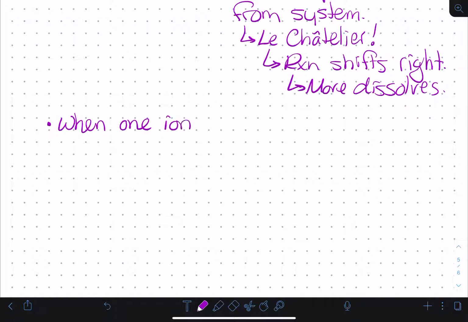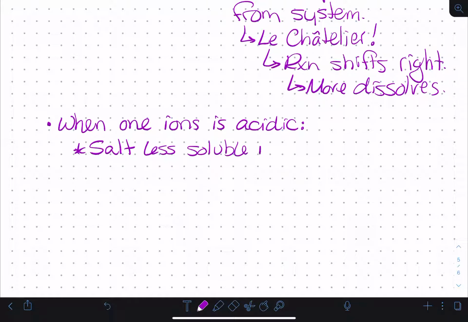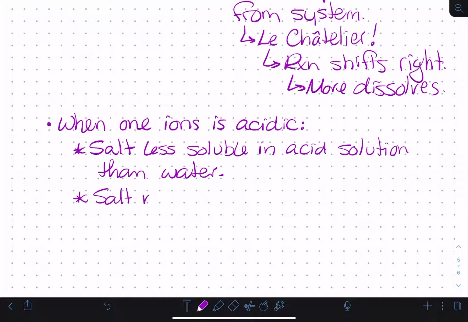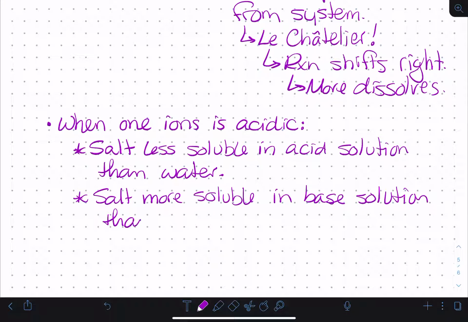So when one of your ions is an acid, your salt is generally less soluble in acidic solution than it would be in water, due to a common ion type effect, and your salt is more soluble in basic solution because the base reacts with your acidic ion, removing it from solution and driving the equilibrium towards products, which represents more stuff dissolving.